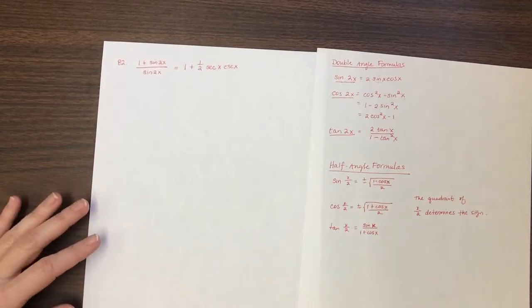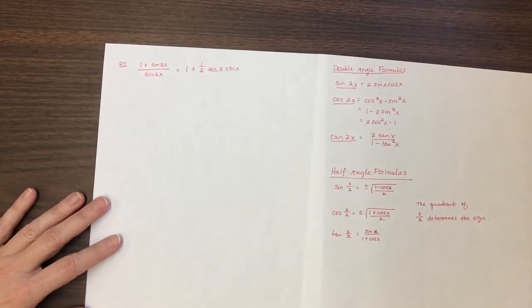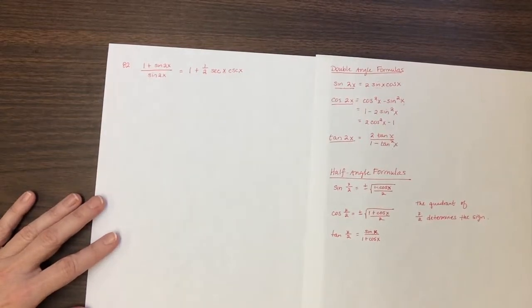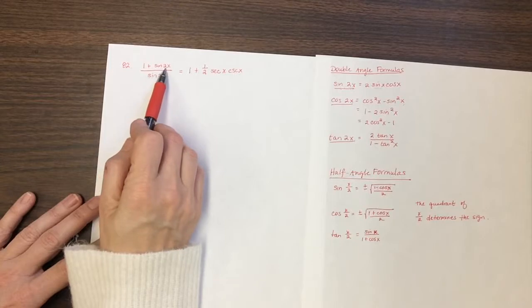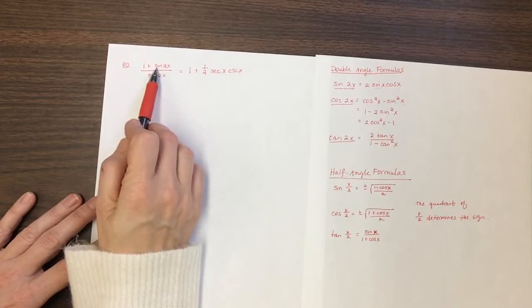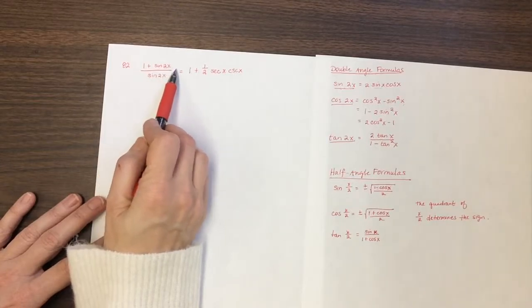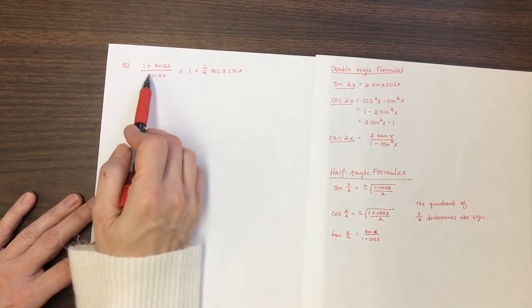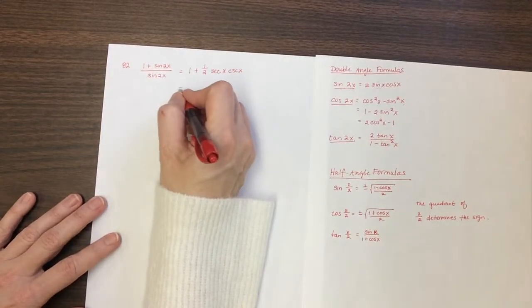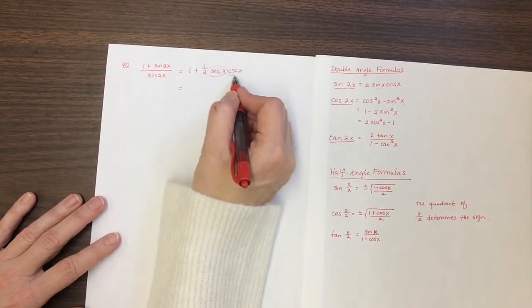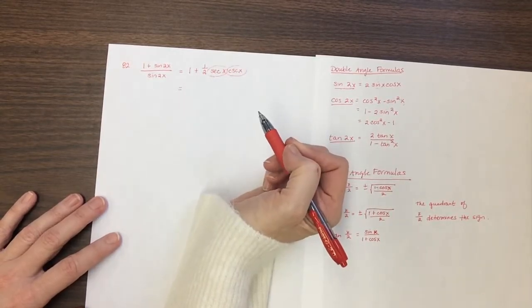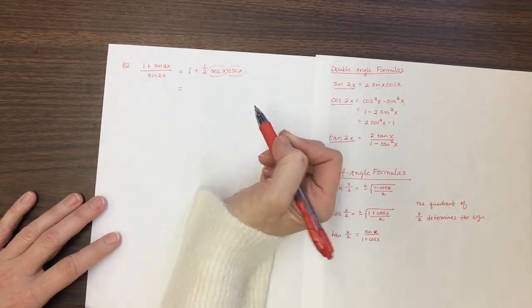I've got one more here, and I'm going to go back to our basics. And I could certainly take this and go, well, this is my double angle, and I'm going to plug that in and make that 2 times the sine of x times the cosine of x. Same thing here, and then clean all that up. I'm actually going to go back to what I learned originally and rewrite all this in terms of sine and cosine and see if that takes me anywhere.